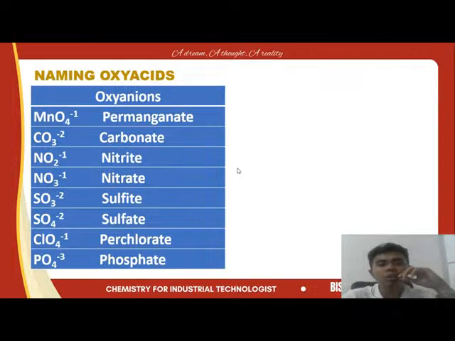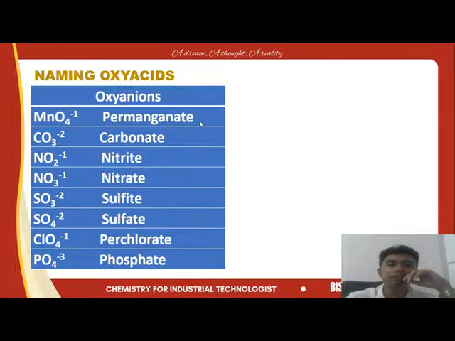What is that? If the ending is ITE, your suffix when naming the oxyacid is OUS. However, if the last three letters of your oxyanion are ATE, you must replace the suffix with IC. So let's have an example.